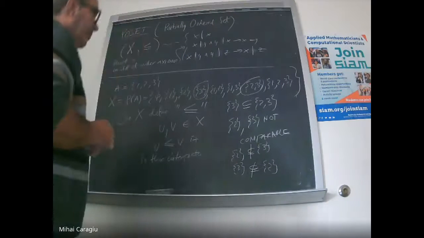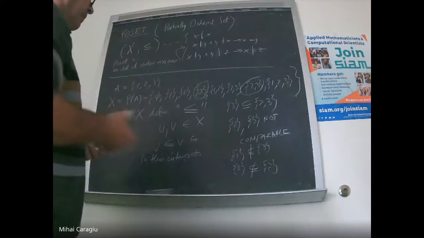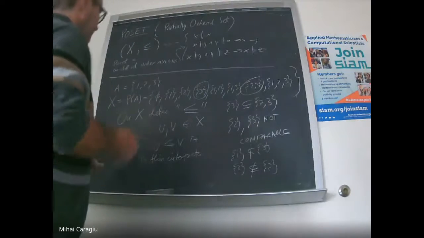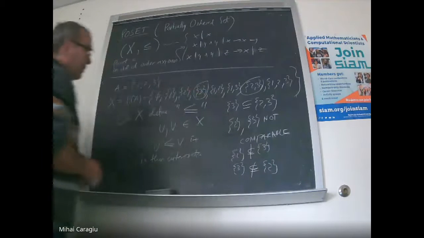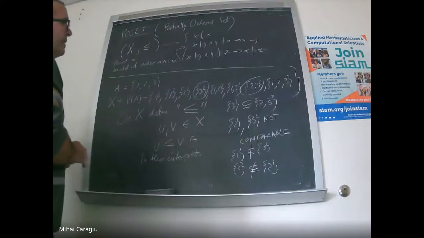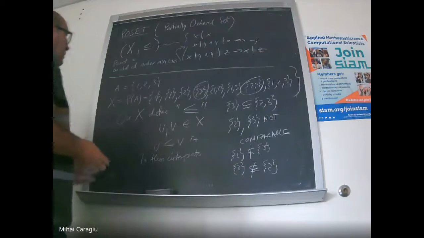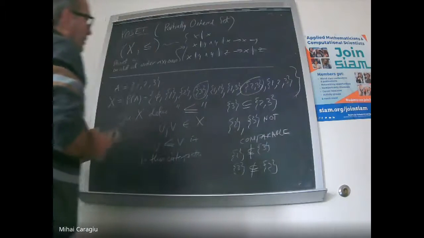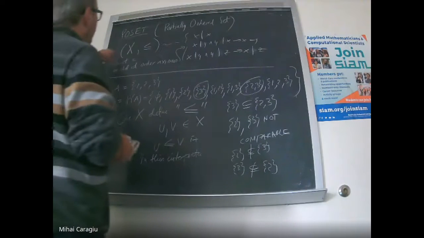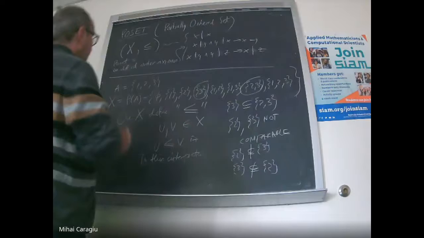So the subsets {2} and {3} are not comparable under the inclusion order among the subsets of the set {1, 2, 3}. Again, we have a lot of examples of ordered sets which are not total orders. That's why we commonly use the term poset, as in partially ordered set.